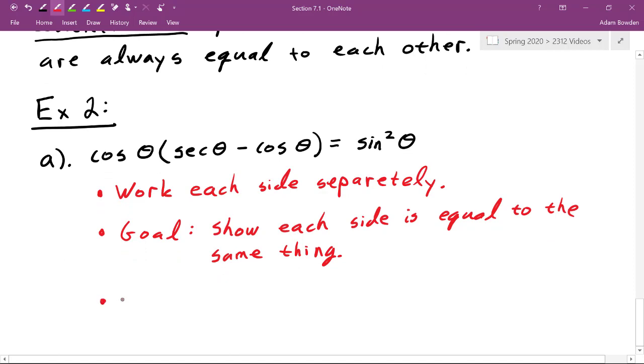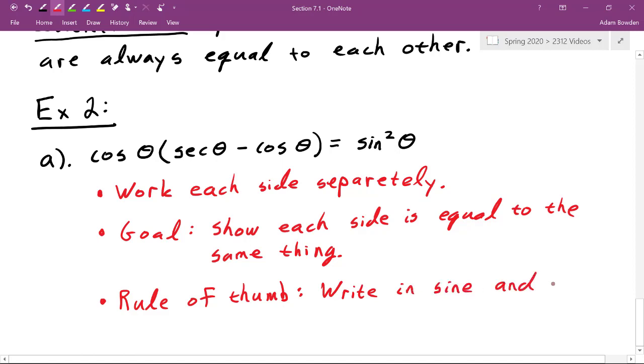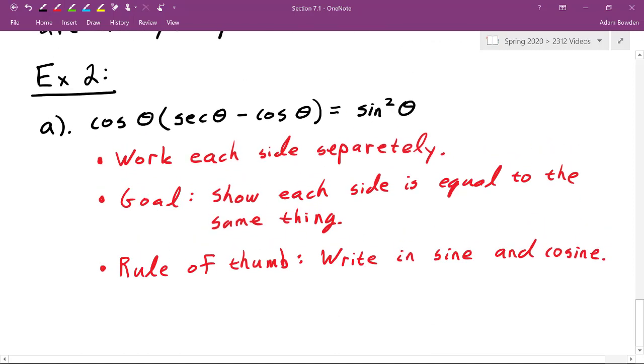The rule of thumb here, and this doesn't happen all of the time, and I'll show you some examples where we have to deviate from it, is to write everything in sine and cosine to get started at least. Okay, so this is the basic idea.